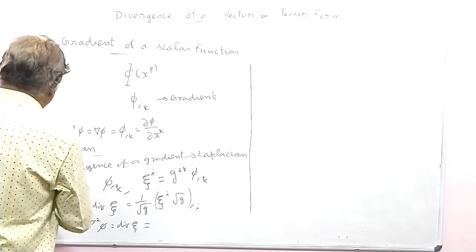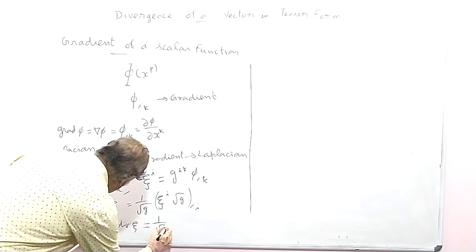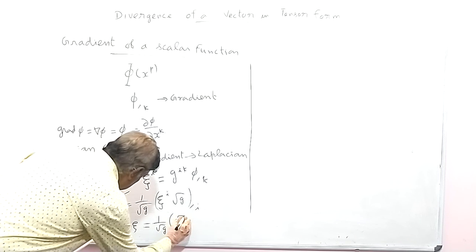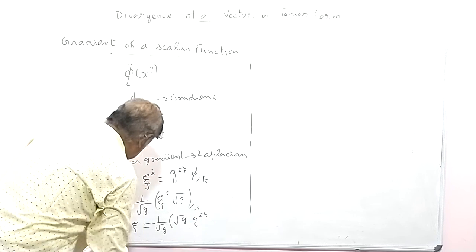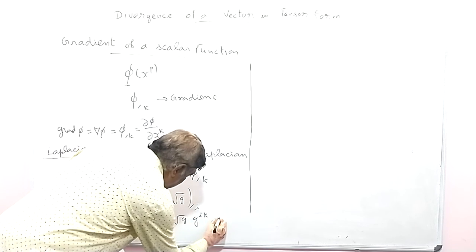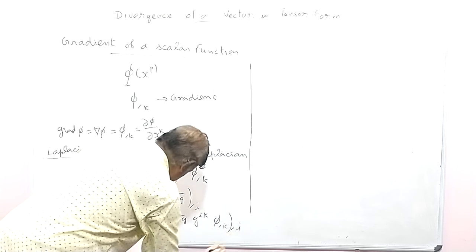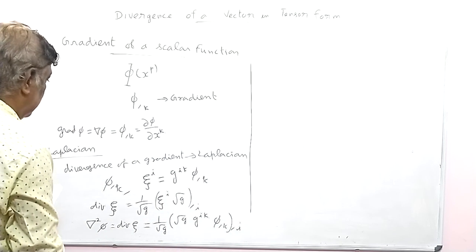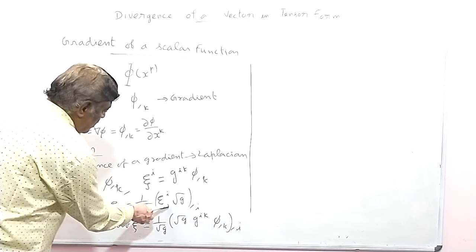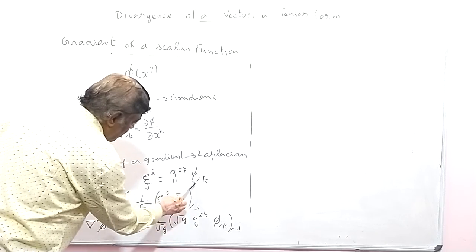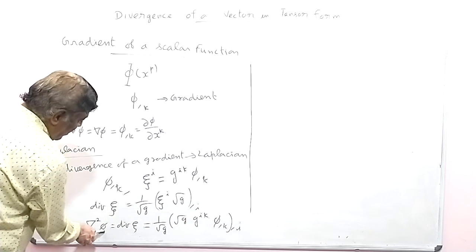Now let us use the result that we have discussed earlier: 1 by root g, d by dx i of root g psi i. You substitute for this one. Psi i is g ik phi comma k. You will get this expression. So divergence of psi, del square phi, is equal to this.